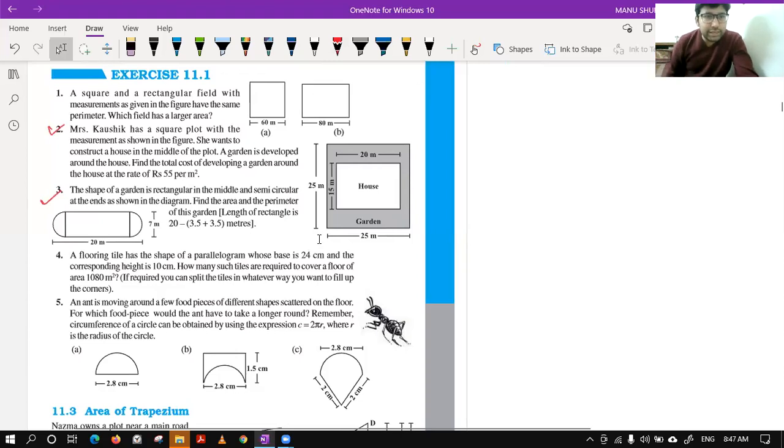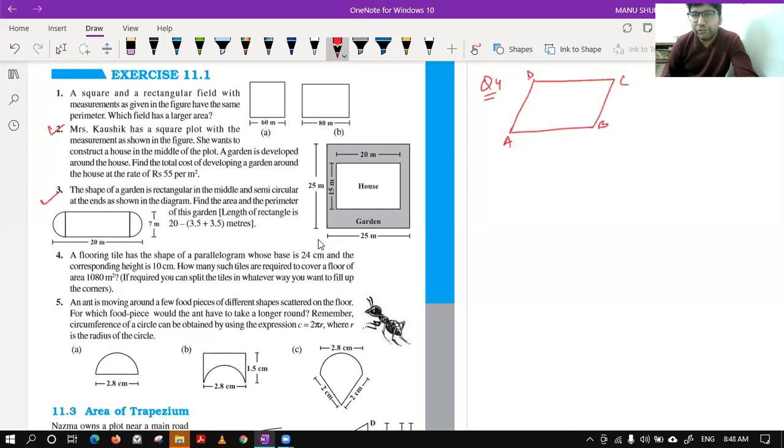It says a flooring tile has the shape of a parallelogram ABCD. This is the tile. Now they are saying whose base is 24 and the corresponding height is 10. So if I take this as base, then this will become the height.